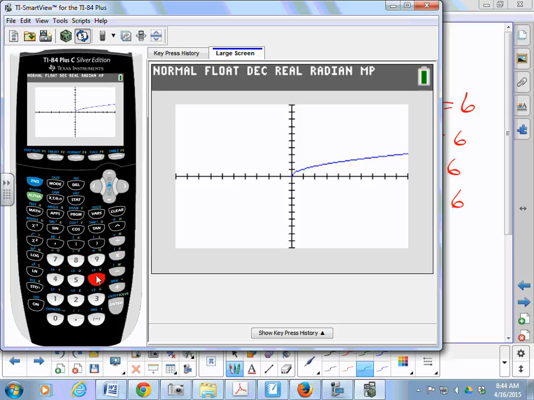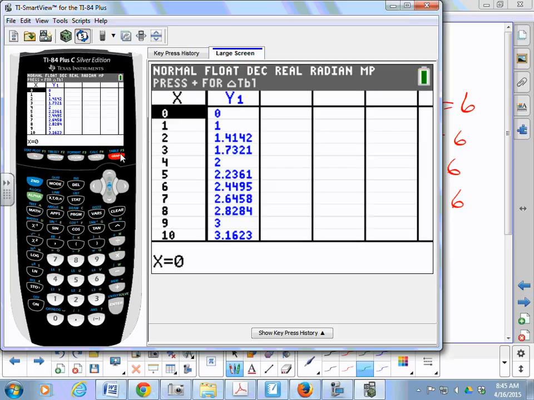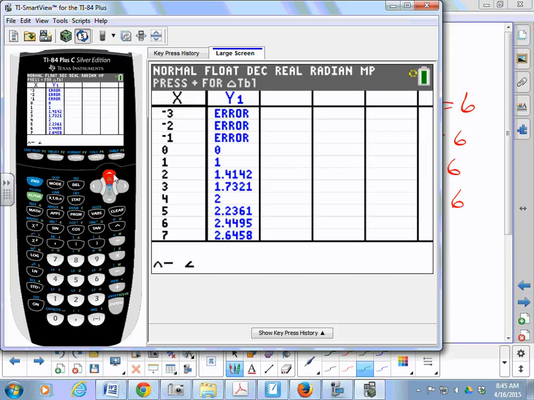There is nothing over here on the left-hand side where x is negative. You cannot take the square root of a negative number, so we can't get these. These will be no solution. If I look at my table, if I look at negative numbers, all it says is error because we can't take the square root of a negative number.